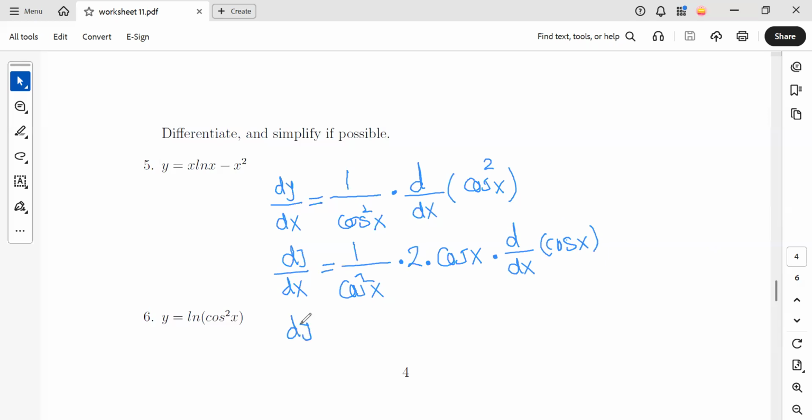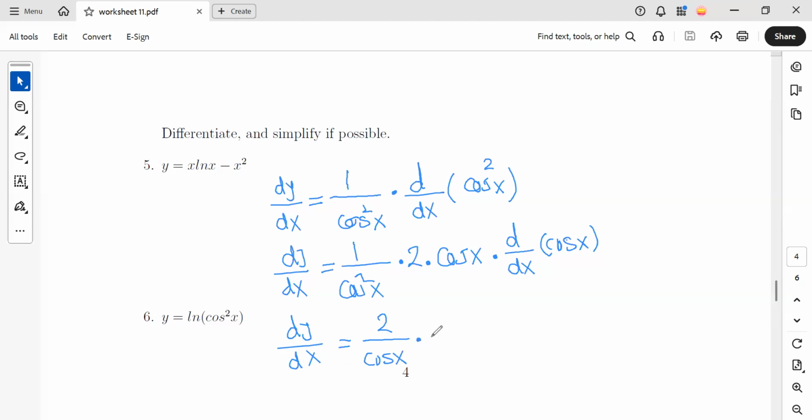So it will be dy/dx equals 1 over, we have 2 for the top, and cosine and the power will be gone, so I would rewrite it as 2 over cosine of x.